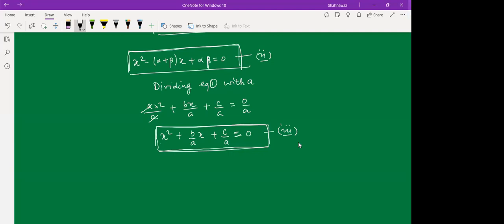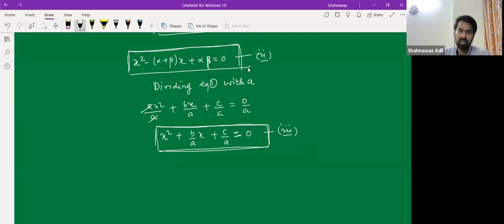If you compare the second with the third, the coefficient of x square is 1, right?